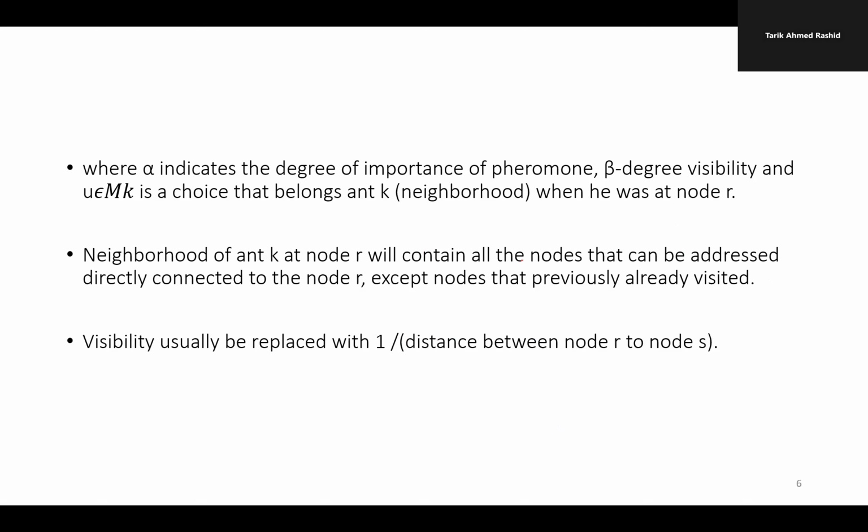Alpha means the degree of importance of the pheromones, whereas beta means the visibility, and M_k is a choice that belongs to ant K's neighborhood when it is at node R. The neighborhood of ant K at node R contains all the nodes directly connected to node R, except nodes that were previously visited.